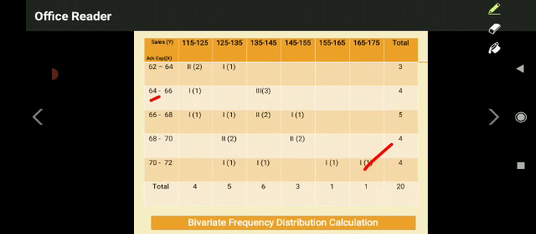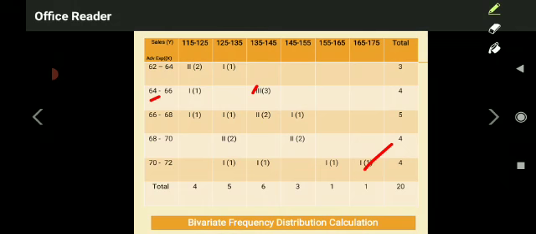These two values are counted as 1. There are three values in that 135 to 145 class interval and 64 to 66 class interval of advertisement expenditure. Two more are there, so these two values are counted as 1. I hope you understood 135 and 65.